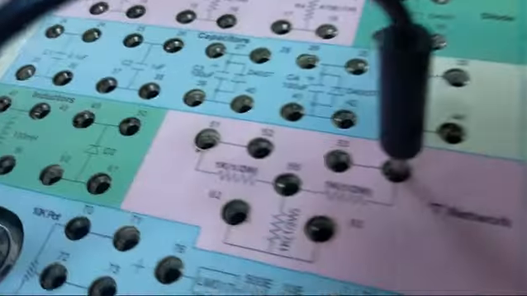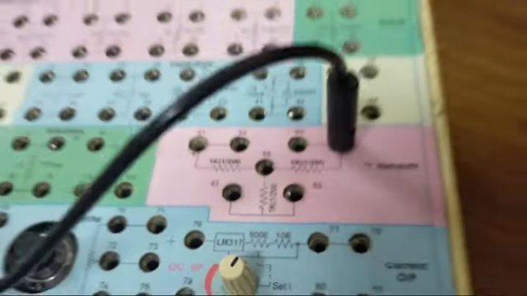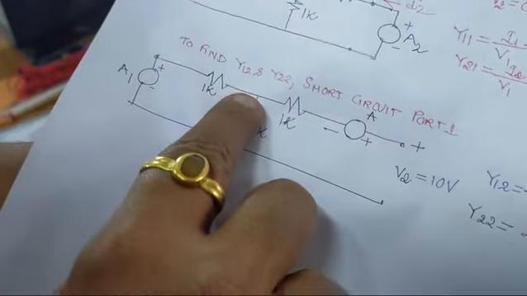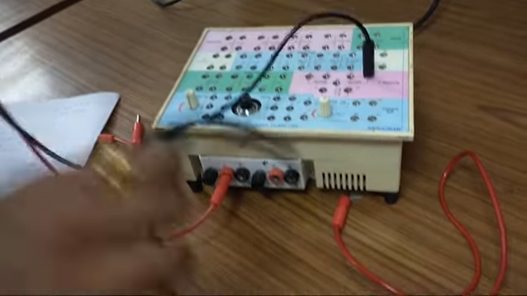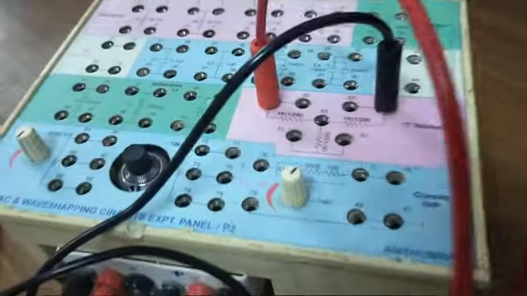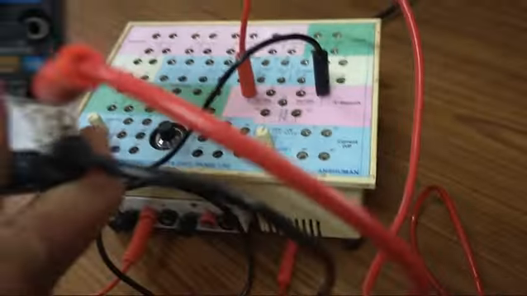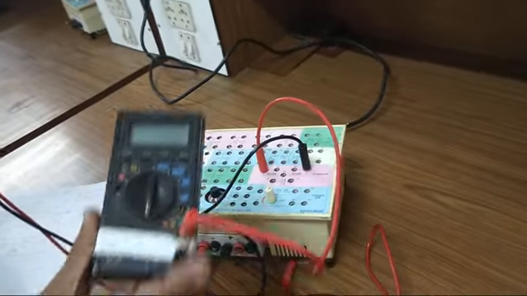Simply, we will say this is the value of 1K. Next, this T point is connected, 1K is connected to ammeter positive. This is the ammeter which we are using, meaning the multimeter, ammeter positive.